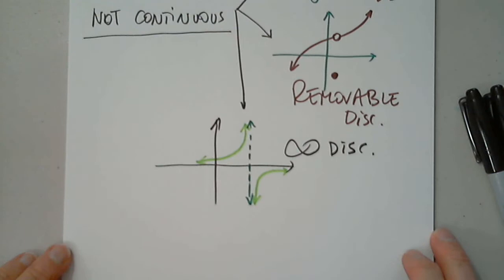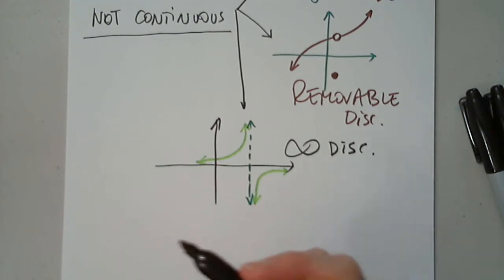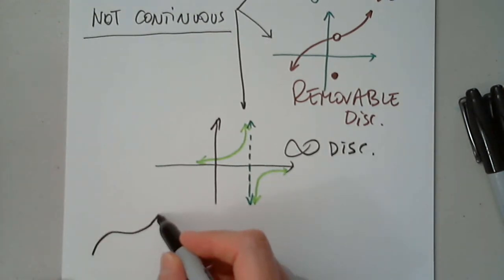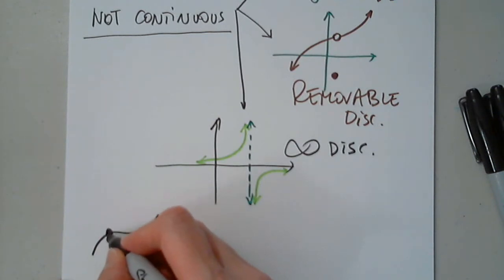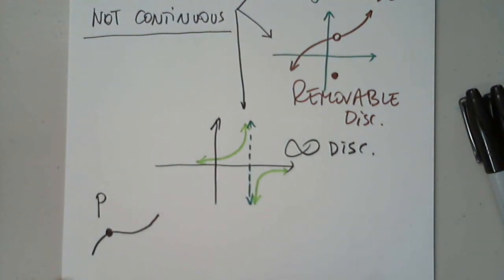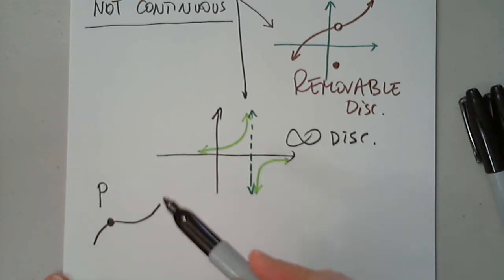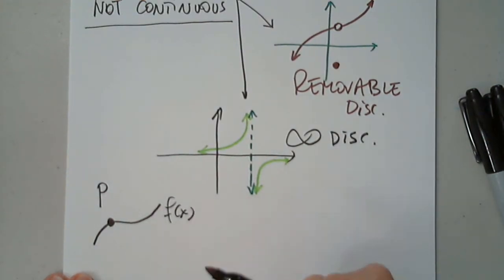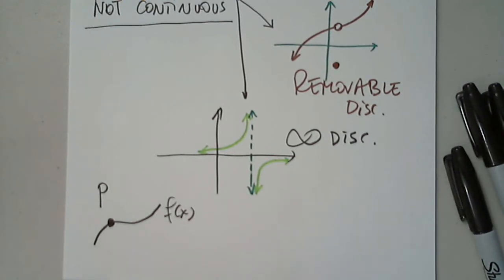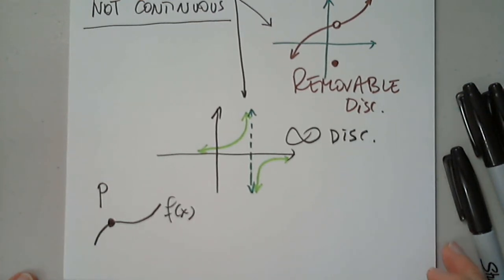So now let's take a look at this function and this point P. Will you say that this function, f of x, is continuous at point P? Would you say yes, or would you say no?